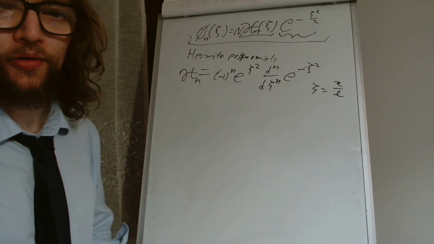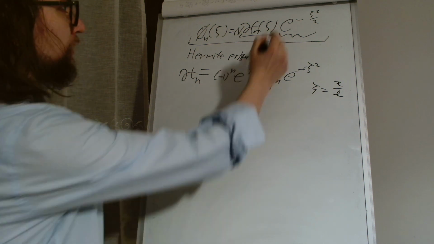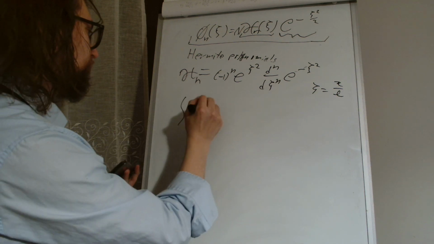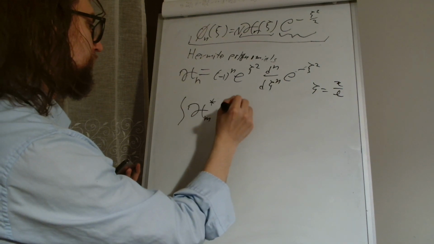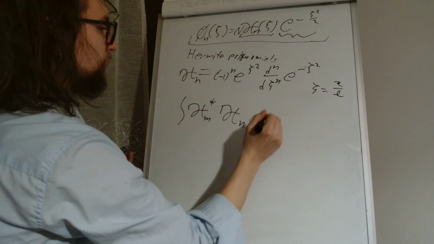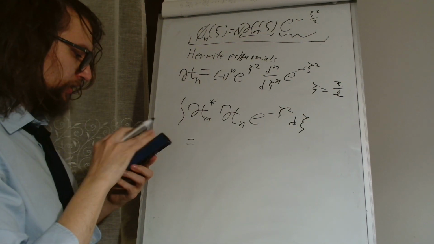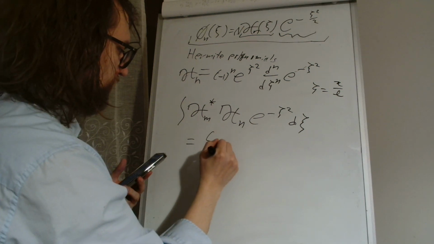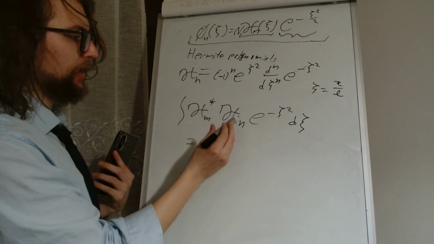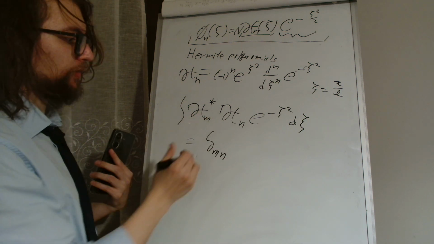Now the Hermite polynomials have this property that when you multiply each one by this term, they are orthogonal in the Hilbert space, which means Hm star times Hn, each one times this, so here we have e to the minus xi squared d xi, then it is a constant times delta mn, which is the Kronecker delta, which means that when m and n are different, this is 0, and when m and n are equal, this is 1.